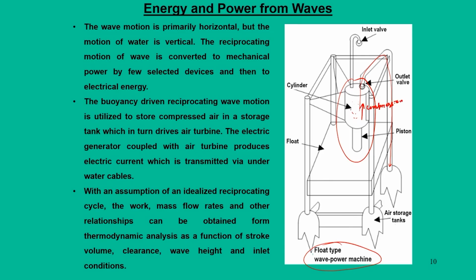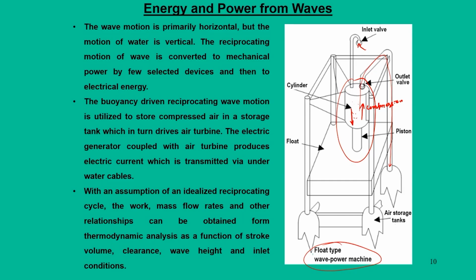Now, when the piston comes into the expansion stroke, air from the atmosphere is sucked in through the inlet valve, and this happens in the other part of the wave. That means one is the crest part, and the other is the trough part.